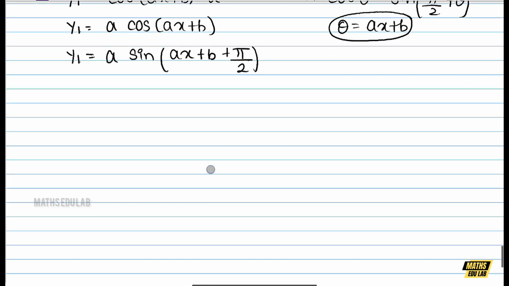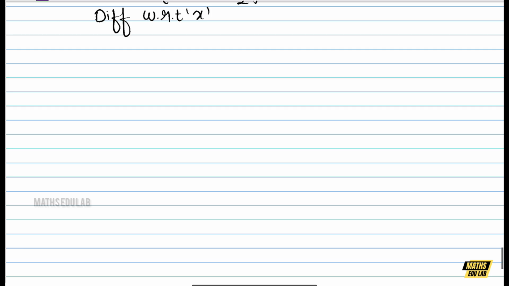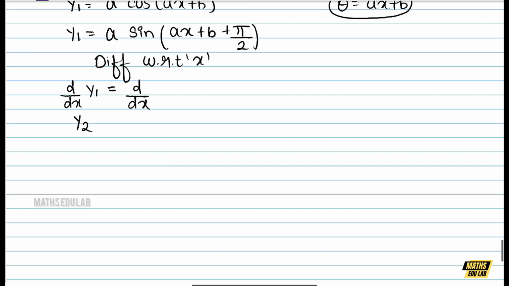And similarly, if I do the derivative for this equation with respect to x, to get the derivative the second time, I can write it as d by dx of y1, and the derivative will change to y2. Then we have to find the derivative of sine ax plus b plus pi by 2.